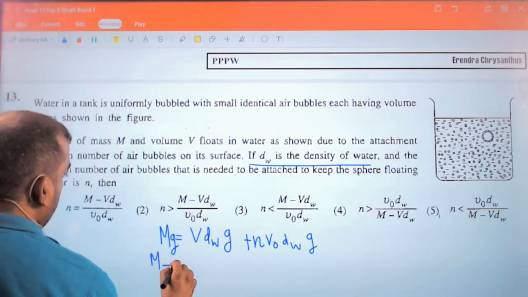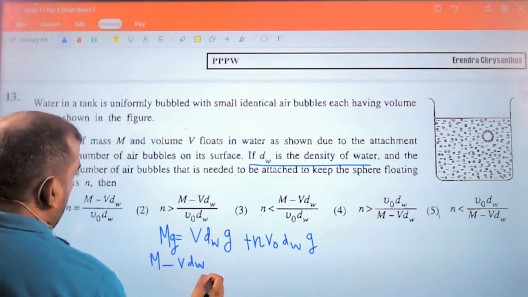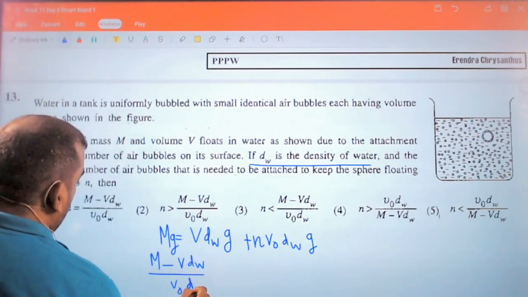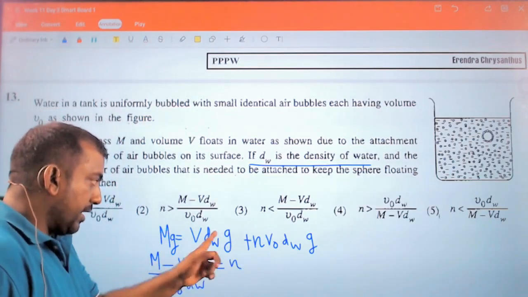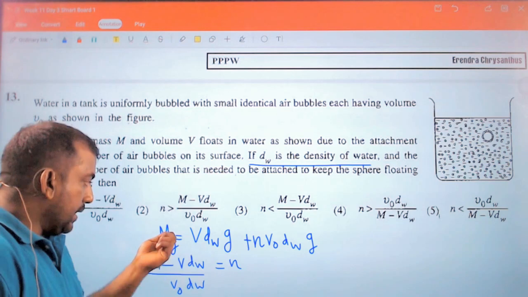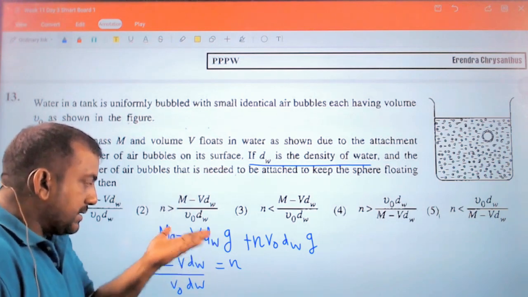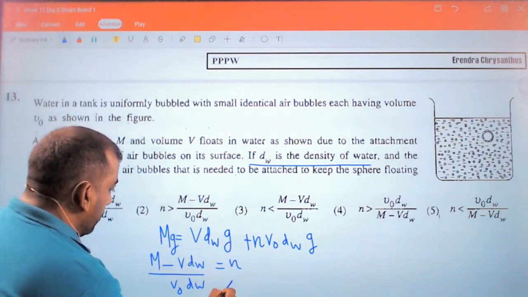g cancels off. M minus V dW over V0 dW is equal to n. Now, this is for it to be balanced. Minimum number.